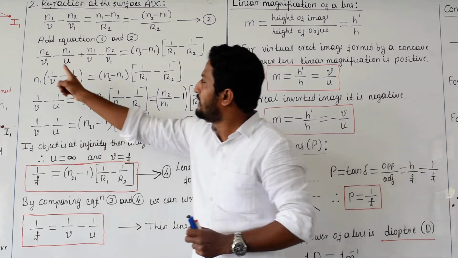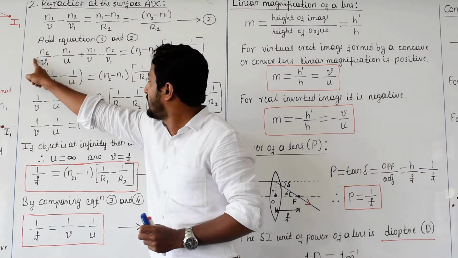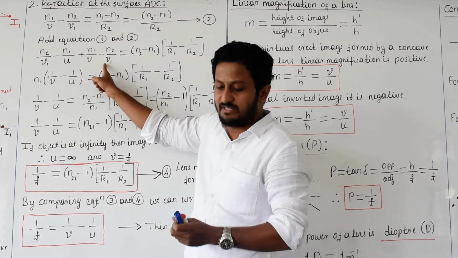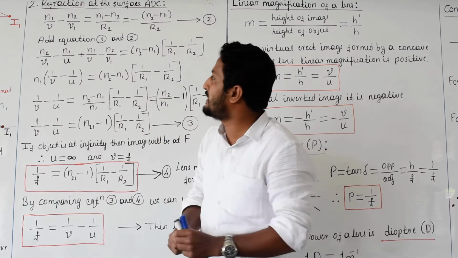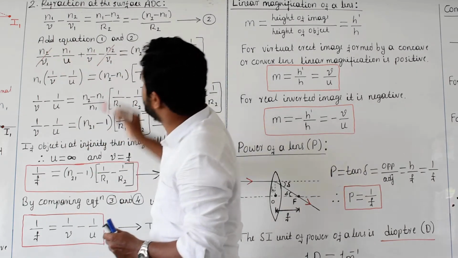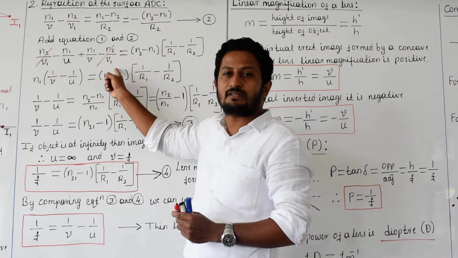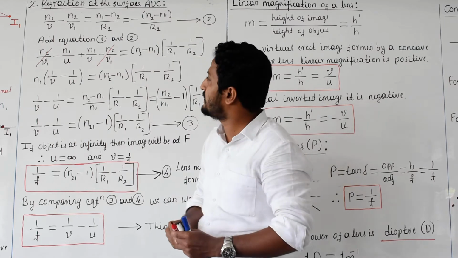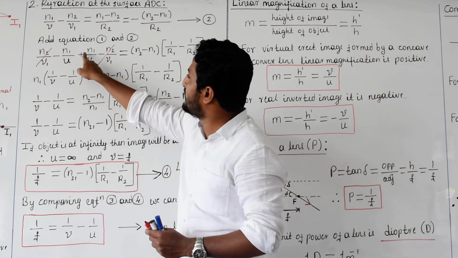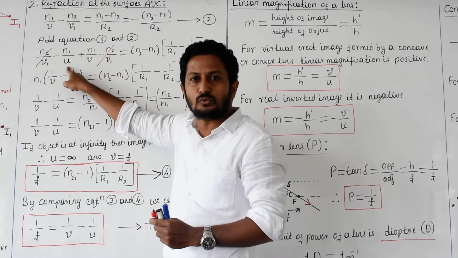See here, this n2 by v1 is positive and this other n2 by v1 is negative, so these two get cancelled out. Then what is left? n1 by v minus n1 by u.